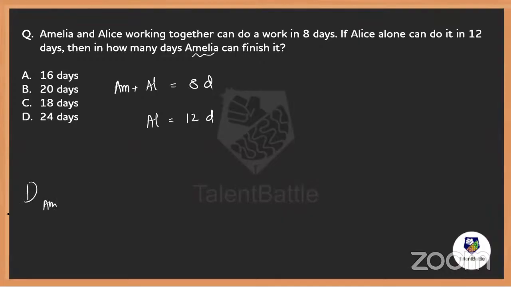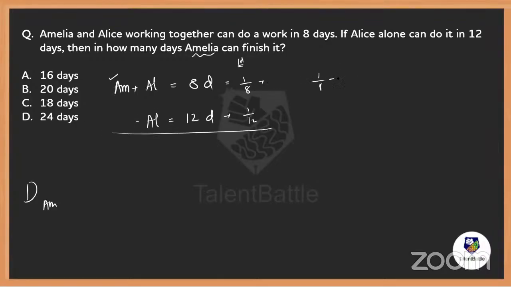Now I know many of you will go this way: Emily plus Alice in 8 days means 1 day's work is 1 by 8. Alice's 1 day work is 1 by 12. So if together's work is 1 by 8 and Alice's individual work is 1 by 12, how will you get Emily's individual work? Exactly, subtract equation 2 from equation 1.